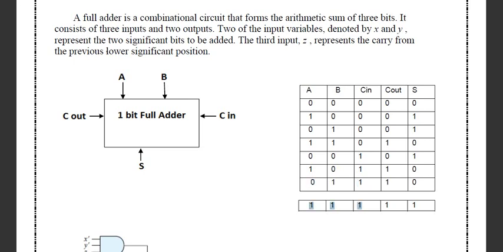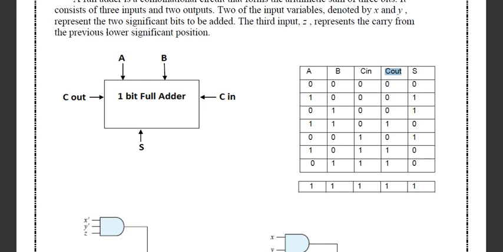After adding those three inputs A, B and C in, you can have the carry output as 0, 0, 0, 1, 0, 1, 1, 1. Here we have 4 zeros and 4 ones, and in the sum section you also have 4 zeros and 4 ones. S is for the sum section and C is for the carry section. This is carry in and this is carry out.